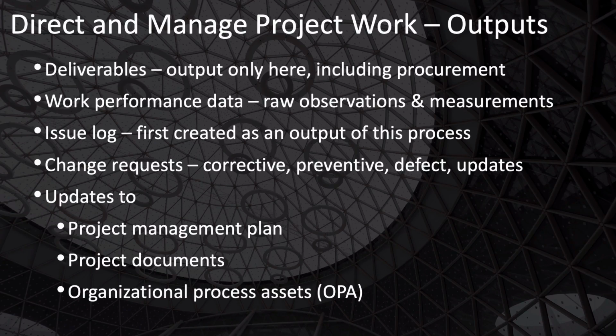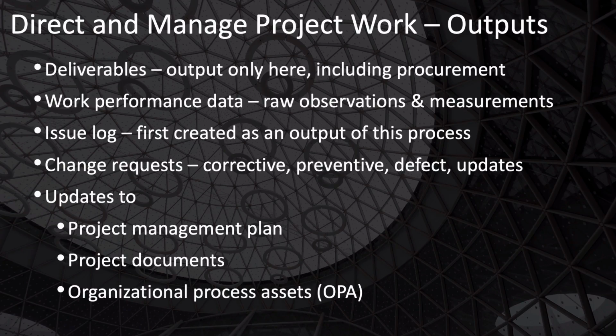Next we have work performance data. These are the raw observations and measurements about the work that's being done. This is also the only process that has work performance data as its output. Next we have the issue log, which is updated in many different processes, but is first created only by this process.